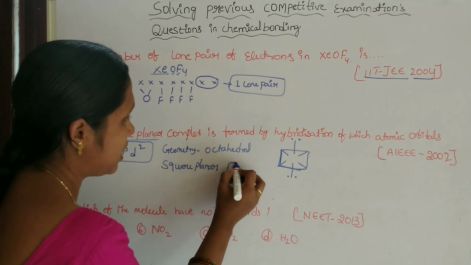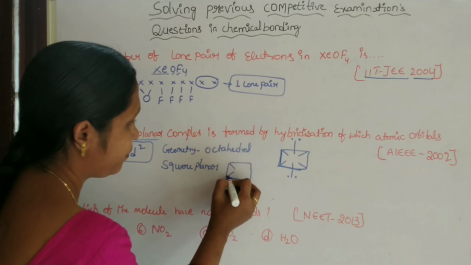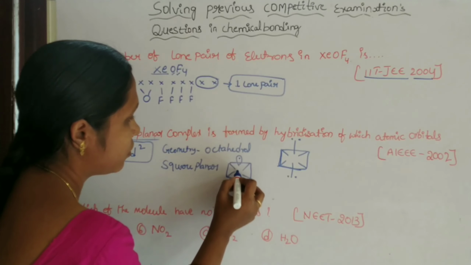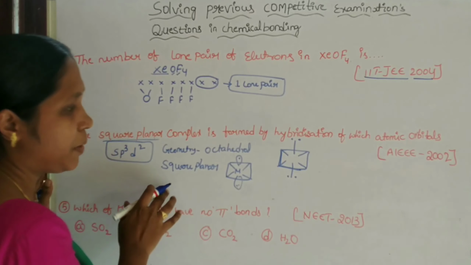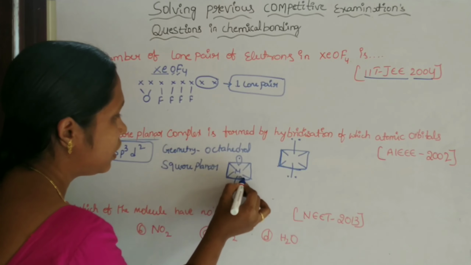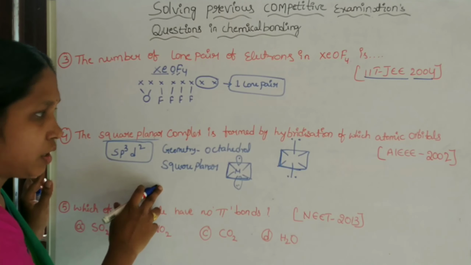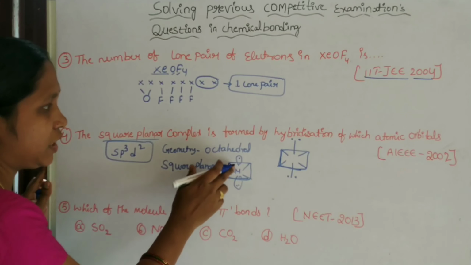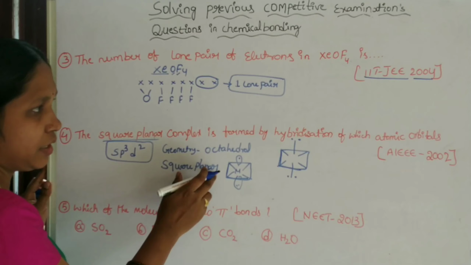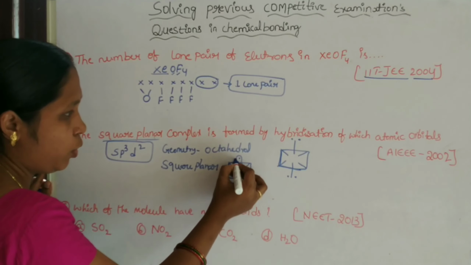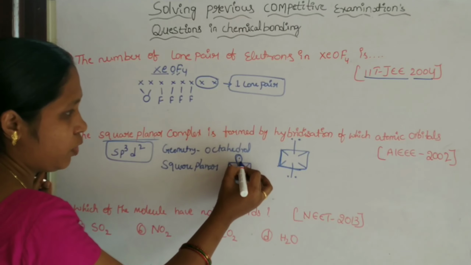So the shape is like this. Okay. Take M as the central atom. Here the orbitals. Okay, the electrons are present in what are the atomic orbitals involved in hybridization? Lone pairs are not involved.